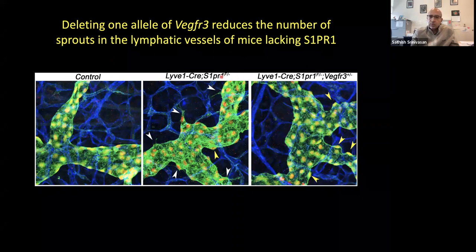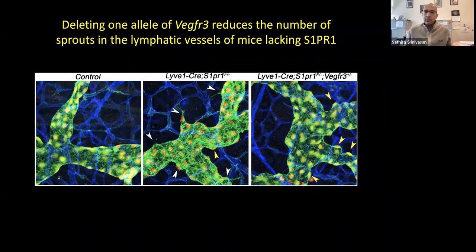So we deleted S1PR1, and again, you can hopefully see the tip cells and filopodia that are abnormally coming from the lymphatic vessels. And when we removed one allele of VEGFR3, those filopodia and tip cells were substantially reduced. Significantly, we were able to rescue the phenotype. So this observation indicated to us that S1PR1 is inhibiting the VEGF-C, VEGFR3 signaling cascade.